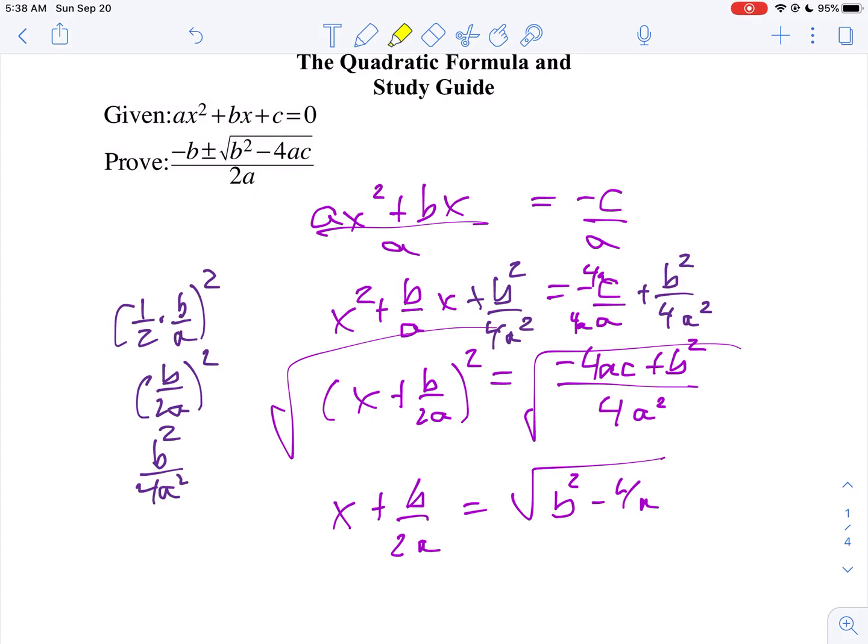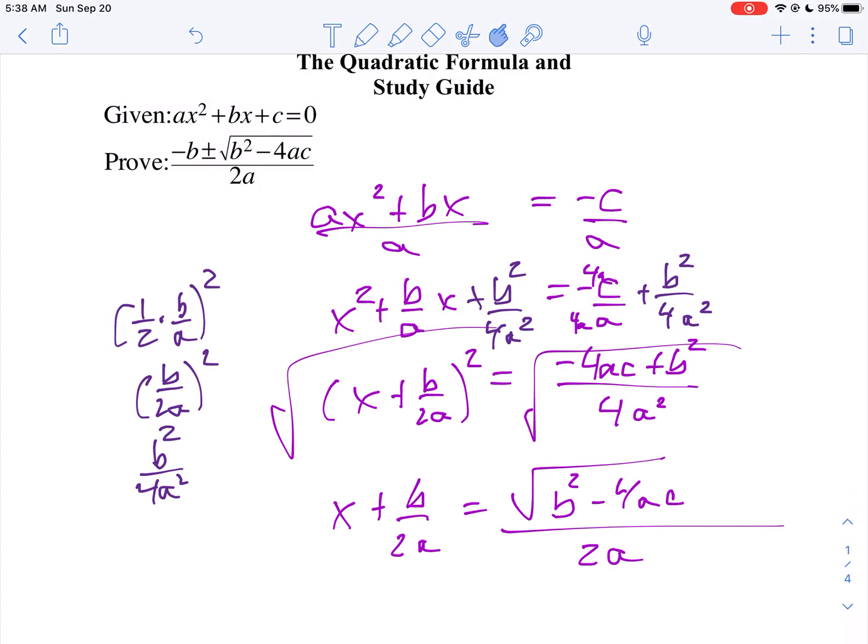My a looks kind of sick there. Let me rewrite that a. Well, in the denominator, I can take the square root of 4 and the square root of a squared. The square root of 4 is 2. The square root of a squared is a. So that will be over 2a.